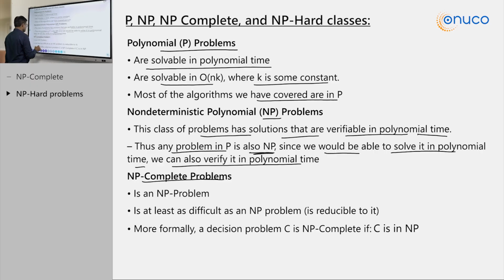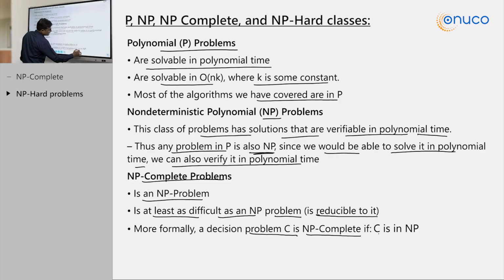NP complete problems are non-deterministic polynomial time problems that are at least as difficult as NP problems, as they are reducible to it, meaning you can reduce the time complexity. More formally, a decision problem C is NP complete if C is in NP.